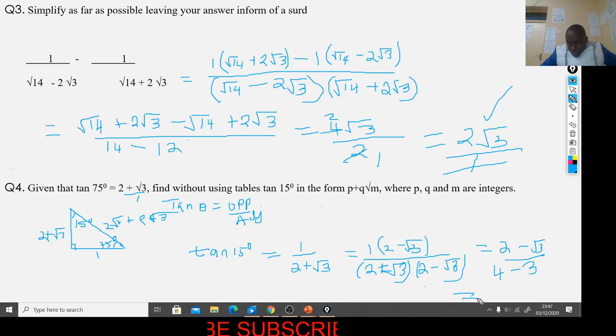It remains as 2 minus the root of 3, because all over 1 it remains.